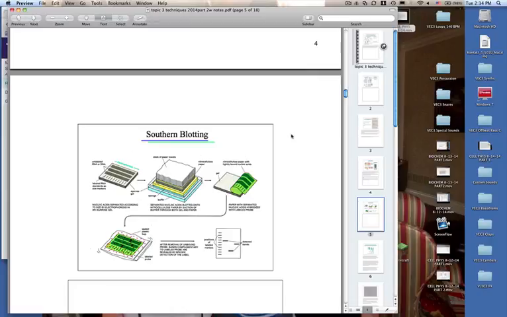This is usually nitrocellulose. Depending upon what, you can use this stuff called nitran, which is just a derivative of nitrocellulose. Essentially, what's going to happen is the DNA is going to transfer onto this surface of the nitrocellulose, and it's going to bind there because the nitrocellulose is actually charged. Okay, so the DNA is negatively charged. You're going to wick it into that positively charged nitran, and it's going to stick. Okay.